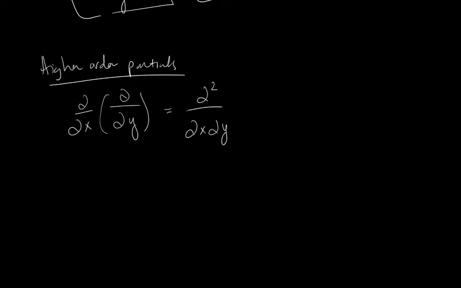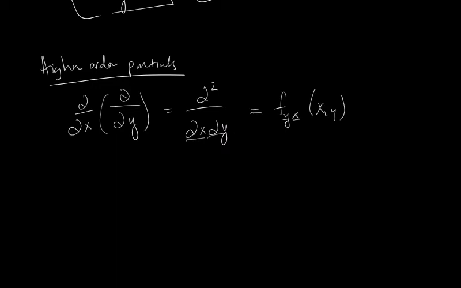And in this form, we are taking those derivatives kind of in reverse order that you see in the bottom, right? We're going to do the partial with respect to y first, then we'll come back and do the partial with respect to x. Okay, now if we were to write that with the subscript notation, that's going to be equal to the partial derivative yx of f, because we're going to take the derivative with respect to y first, then we're going to take the partial with respect to x next.